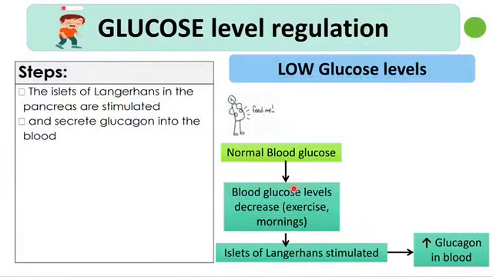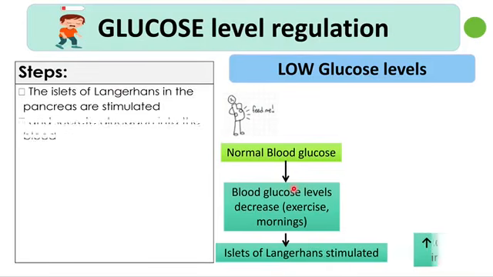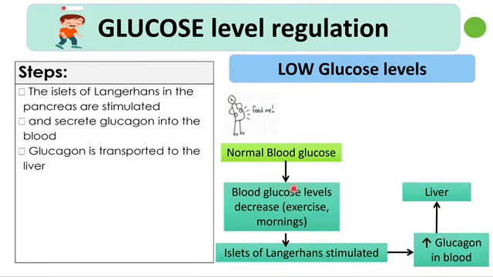So glucagon is my hormone. It has to have a target organ. So where is it going to go? It is again going to go to the liver. And now it's going to do the exact opposite from the work that insulin did, okay? So insulin changed glucose to glycogen.